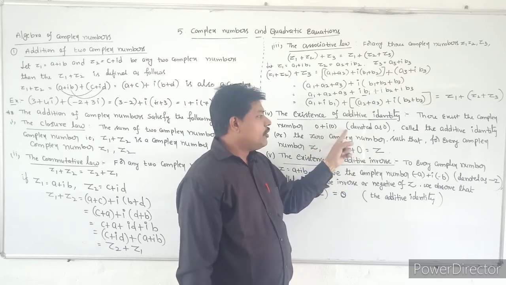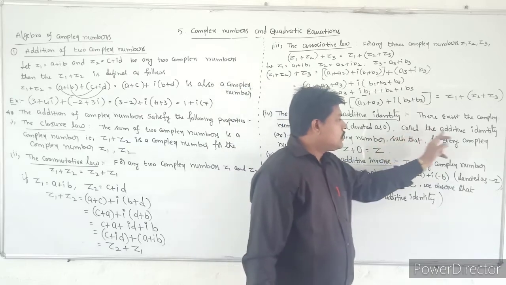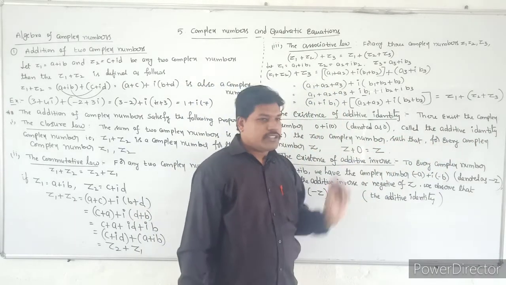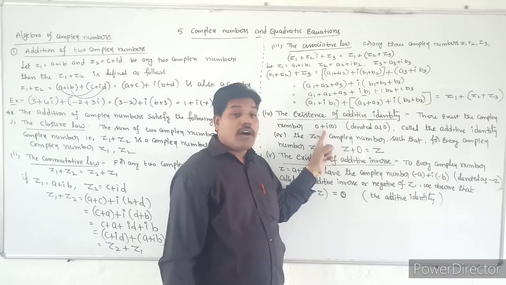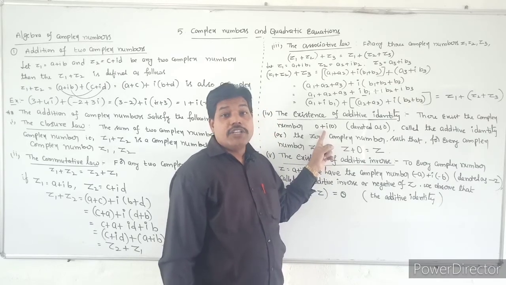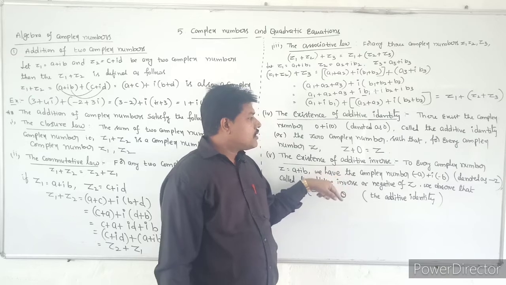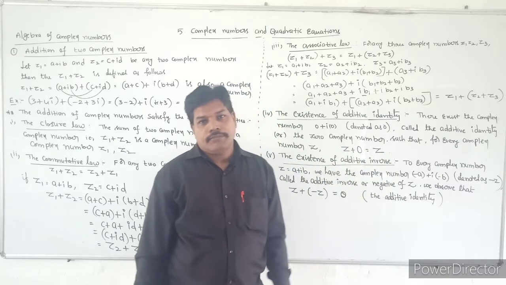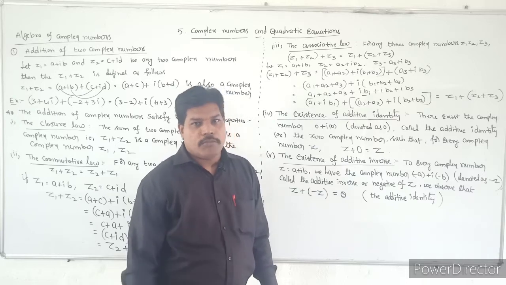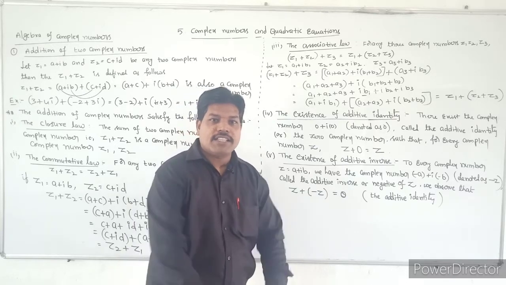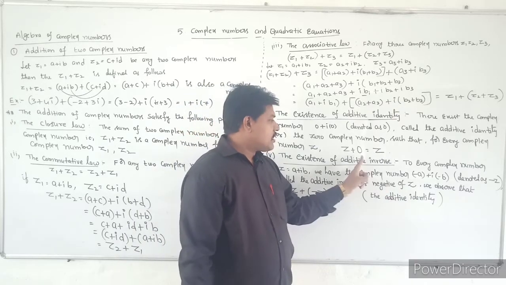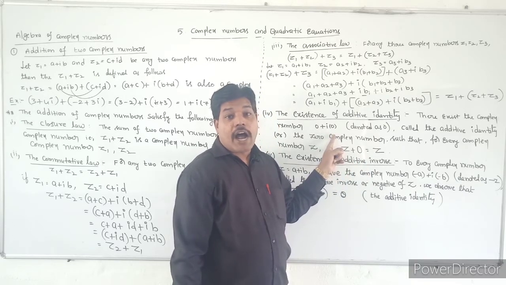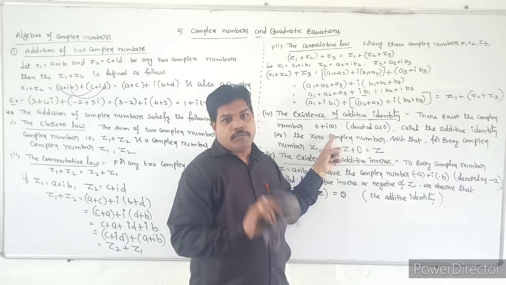So 0 plus i into 0 is called the additive identity, or the 0 of the complex numbers. Why? Because if you add z plus 0, you will get z only. If you add 0 to any complex number, you will get the same complex number. So this complex number is called the additive identity of any complex number.